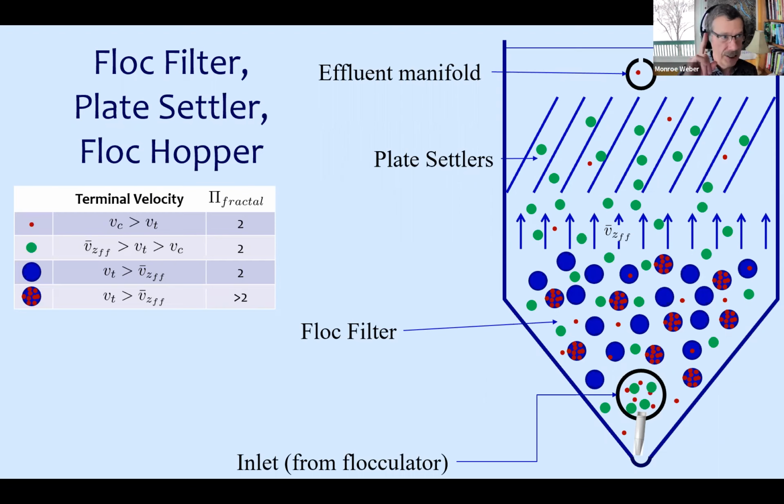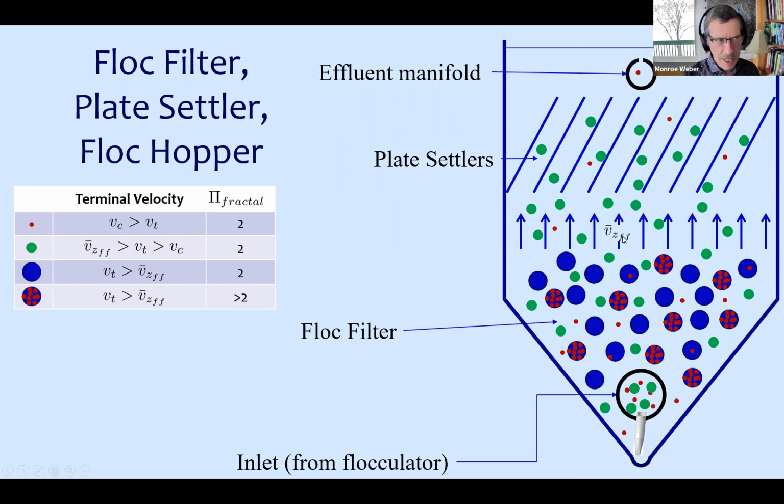That's what we see first. And then later, at even much higher energy dissipation rates or velocity gradients in that jet, we see another failure, or another indication of a problem. We see that the concentration of flocs or particles in the supernatant below the plate settlers and above the floc filter, that concentration starts to go up.